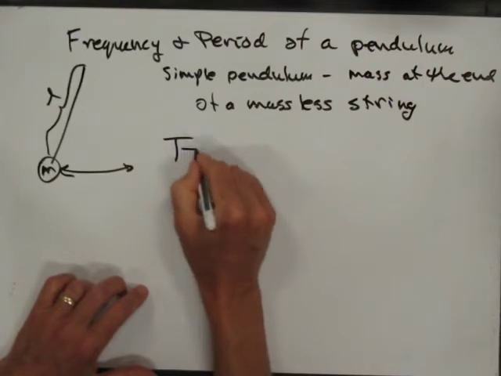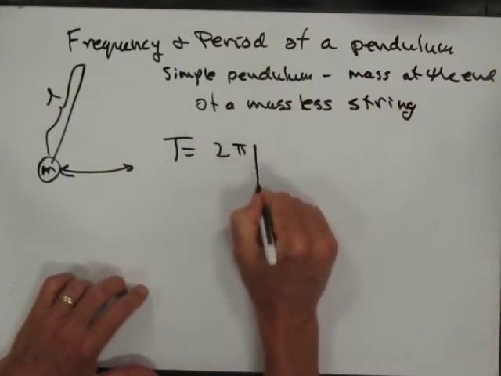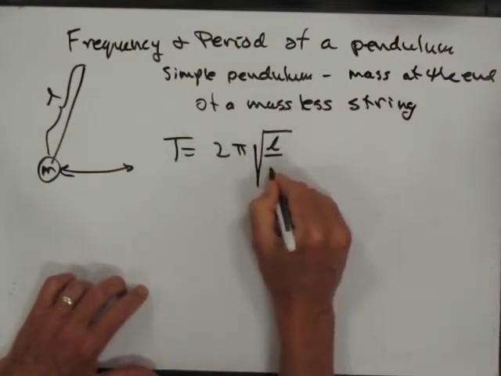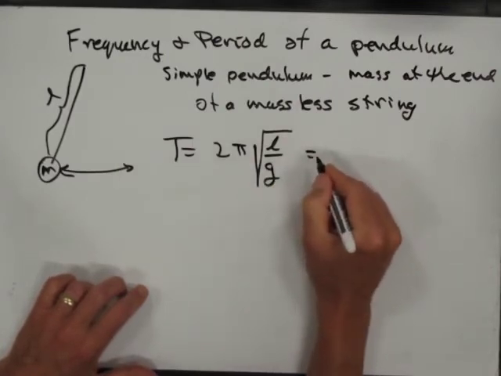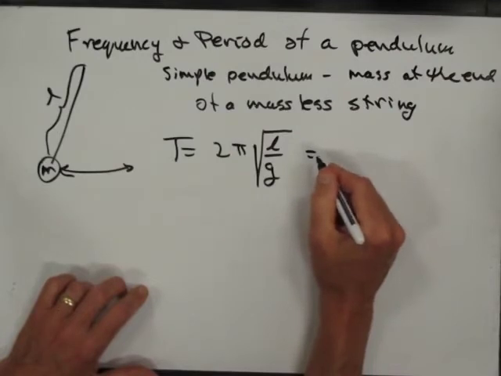So in this case, the period is 2 pi times the square root of L over g.